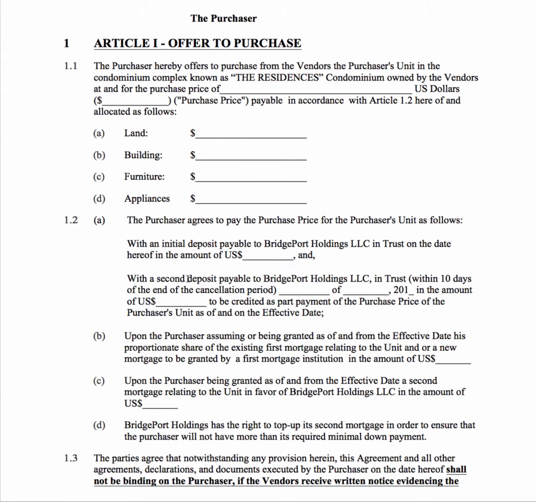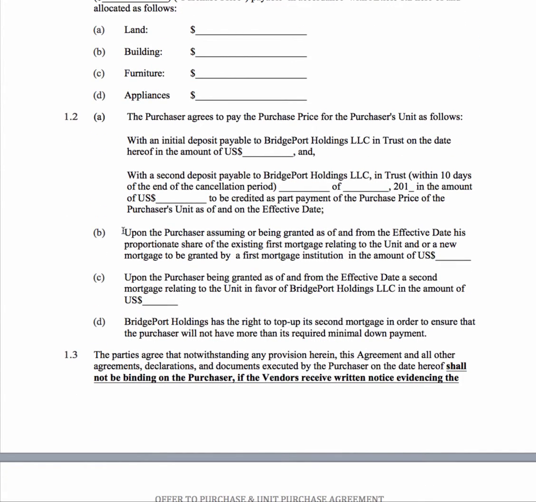With a second deposit payable to Bridgeport within 10 days of the end of the cancellation period, that will be credited as part of your down payment on the purchase of the unit at the effective date. Afterwards, the purchaser is assuming or being granted, as of the effective date, a proportionate share of the existing mortgage relating to the unit, or a new mortgage to be granted by a first mortgage institution, in the amount of.